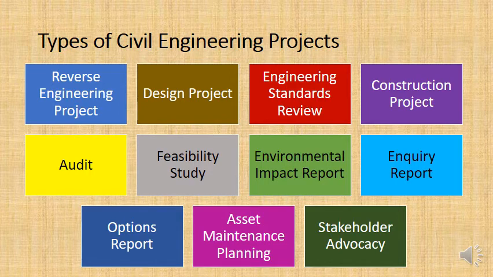The options report would carry out a feasibility study on all of those different options and basically weigh out the costs and benefits of each so that you can make an informed decision as to which option to go with.